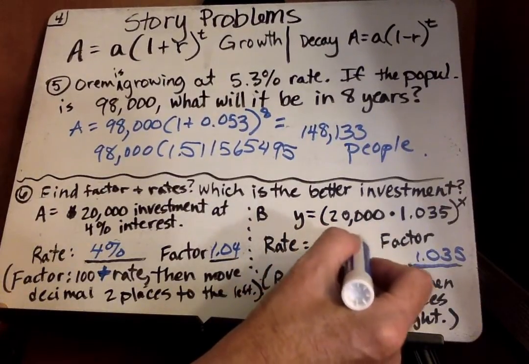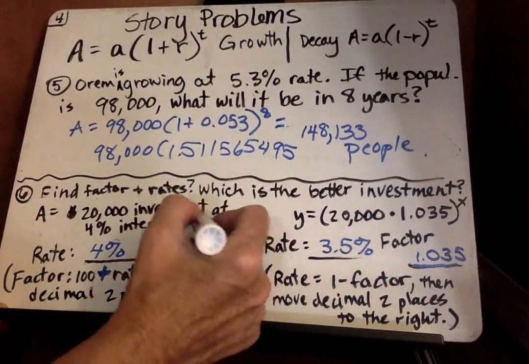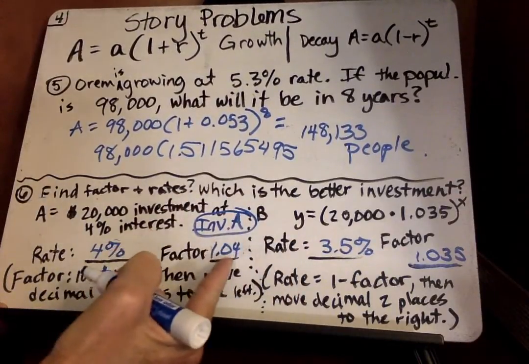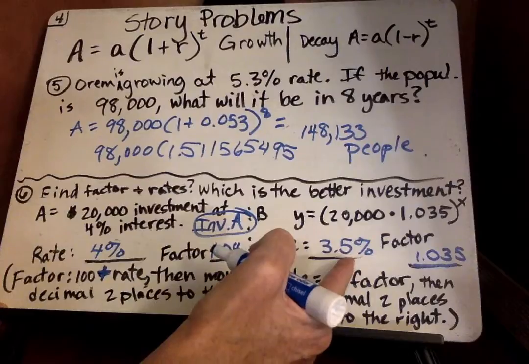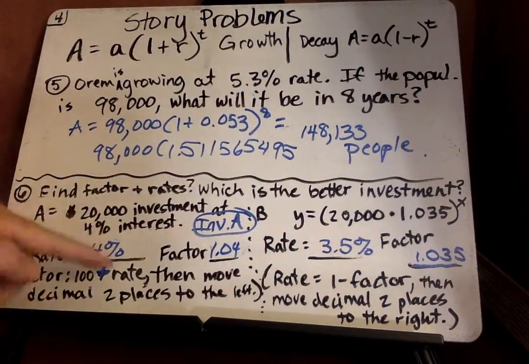So that's 3.5%. So which one is the better investment? I would say investment A, because this one is 4%, this one 3.5%. So that's why investment A is the better investment.